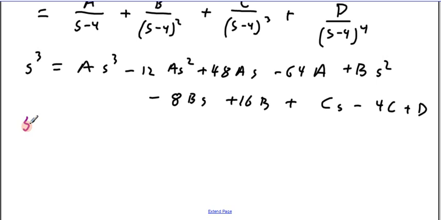Okay, I look at the s cubed term, and I see that that is an A, and that A has to be a 1, so A is going to be 1.